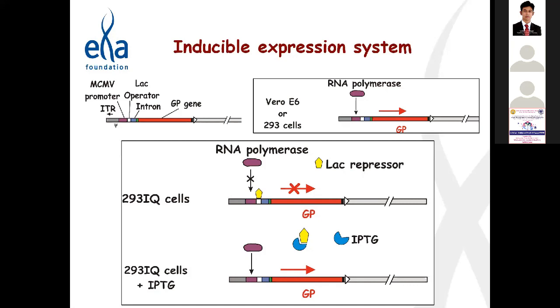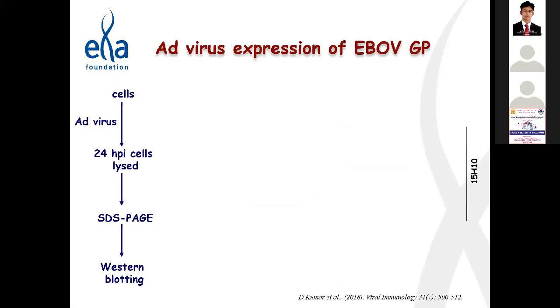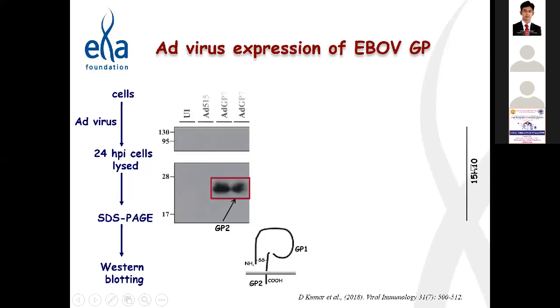We proved that by doing an experiment where we took cells and infected them with adenovirus, and 24 hours post infection, we lysed the cells and did SDS-PAGE followed by Western blotting with an antibody which binds to the GP2 fragment of the glycoprotein.